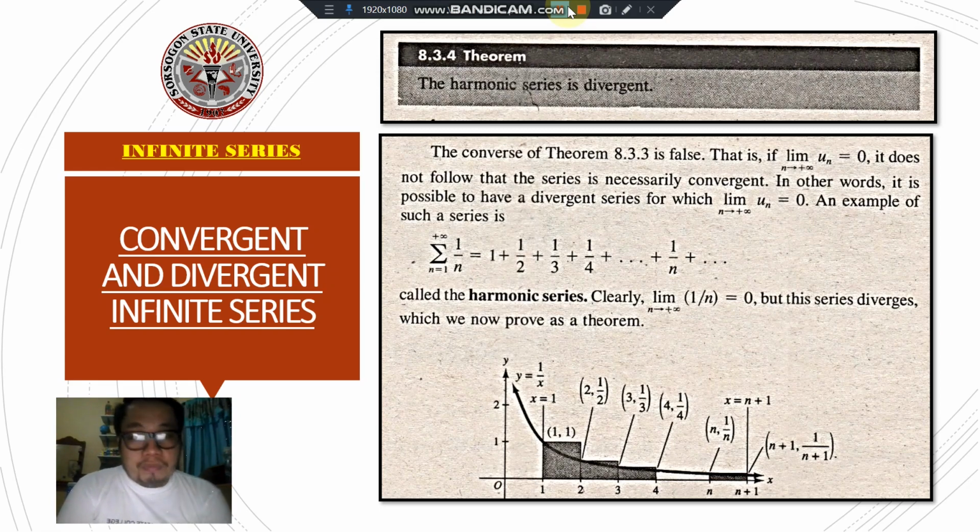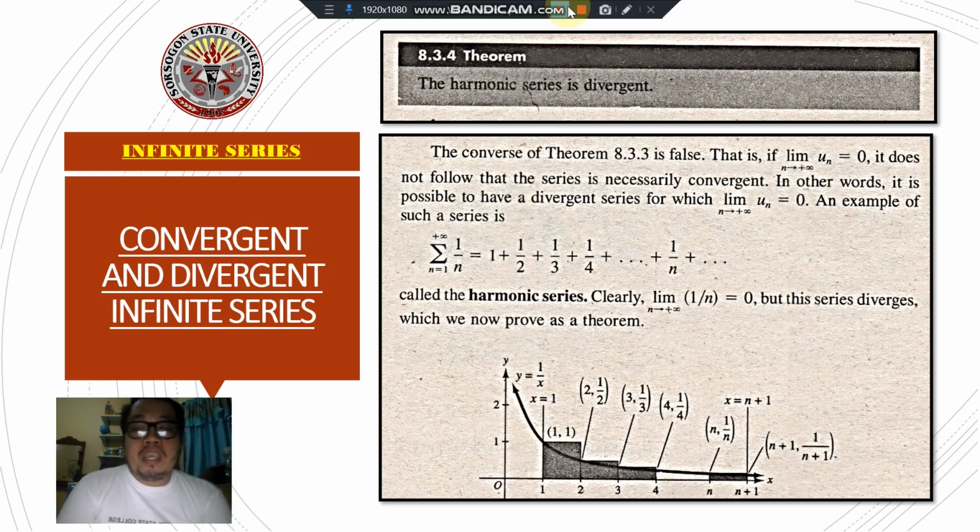So this is the case in which it contradicts the theorem stated a while ago, that an infinite series is said to be convergent if its limit, particularly u sub n, is equal to 0.